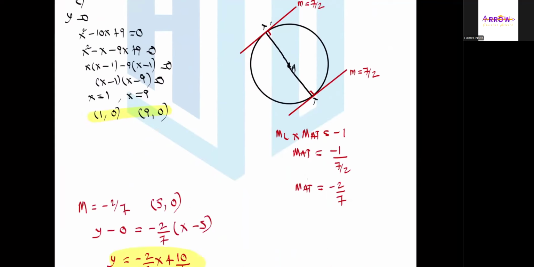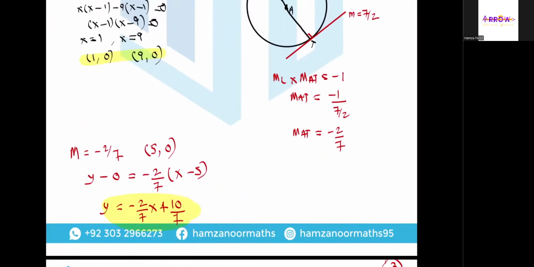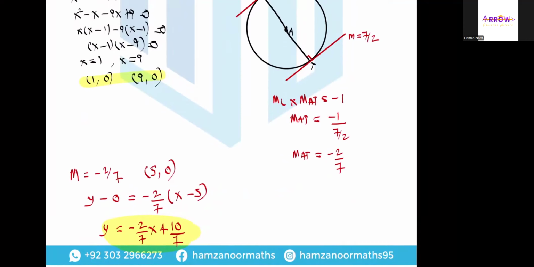This makes sense. Okay. So when we are going to find the equation of the line which passes through A and T, it has a gradient of -2 over 7 and it passes through point A, which we already know over here, which is (5, 0).